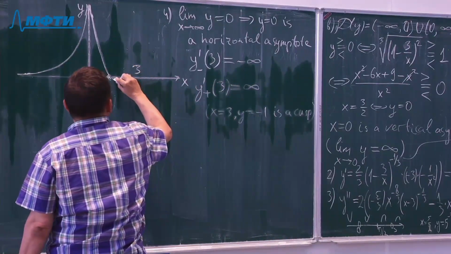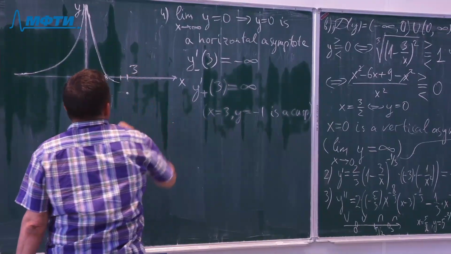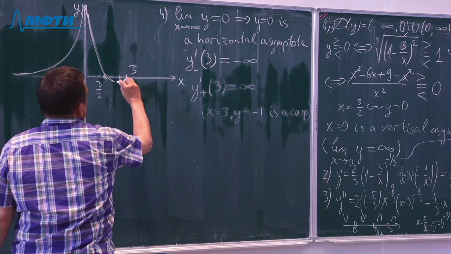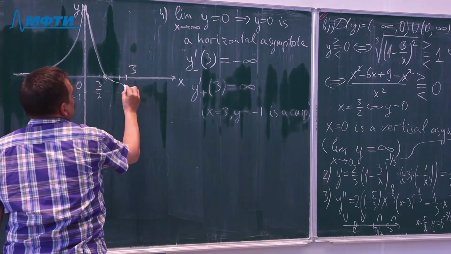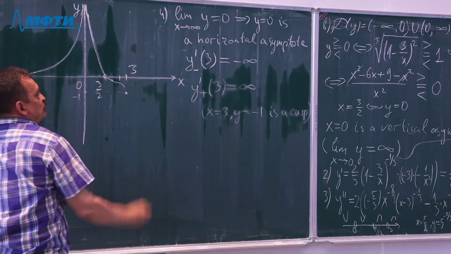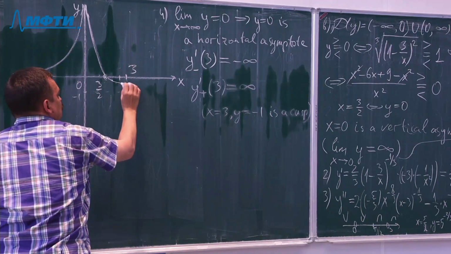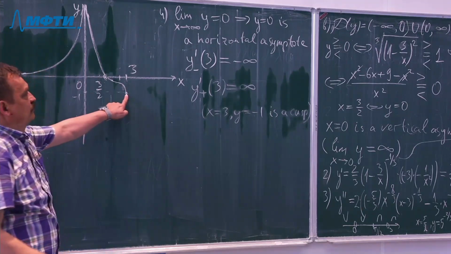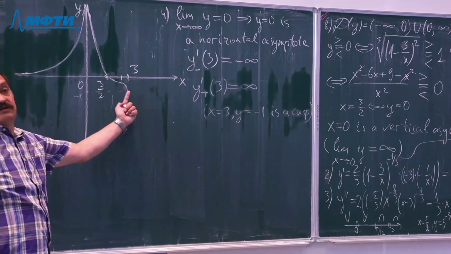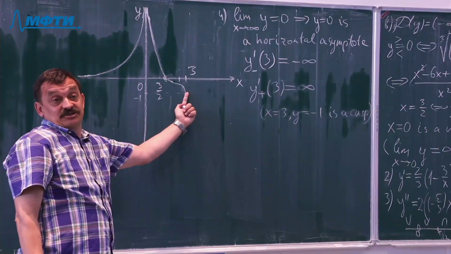So it looks like that up to x equals to 5/2. It is convex down, and then it changes convexity sign, convex up, and finally we come to the minimum point with vertical tangent, right?